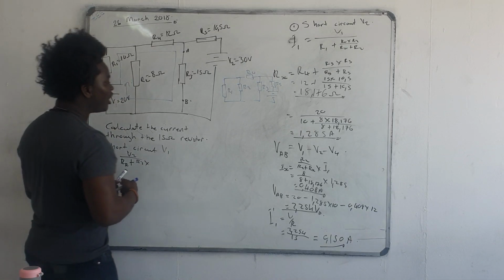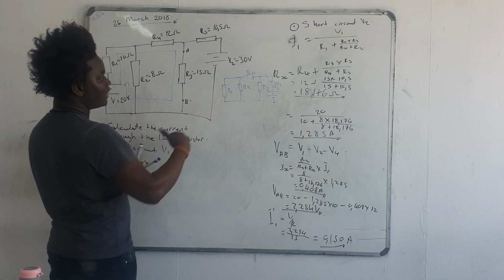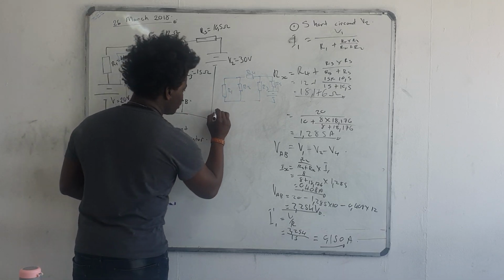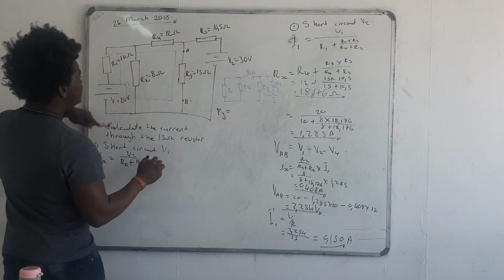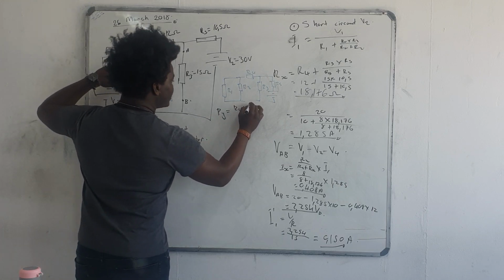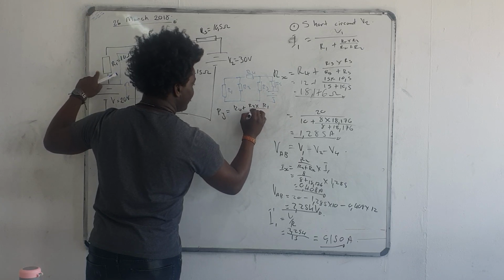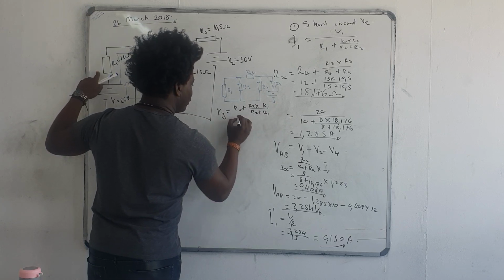So we're going to now calculate, let's call it RY, exactly the same thing that we did there. RY is equal to R4 plus R2 multiplied by R1 divided by R2 plus R1.